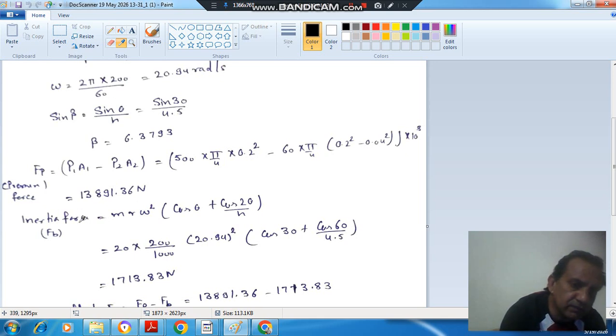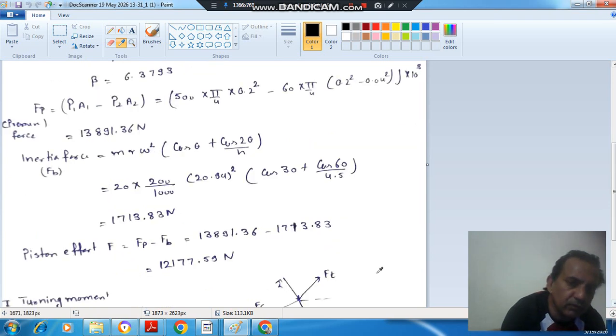Now we'll calculate the inertia force also. Inertia force is m R omega square bracket cos theta plus cos 2 theta by n. Theta is 30 degrees and 2 theta is 60 degrees. R is 200 mm, omega is 20.94, m is 20. So inertia force comes out as 1713.83 newton.